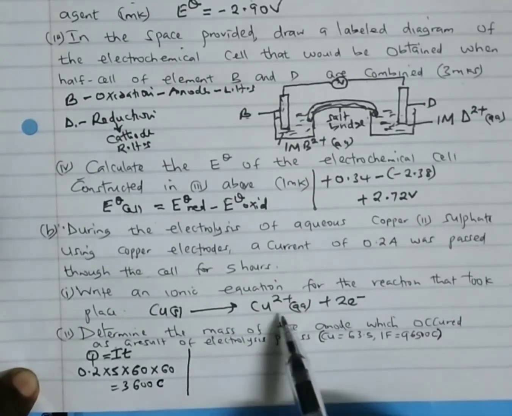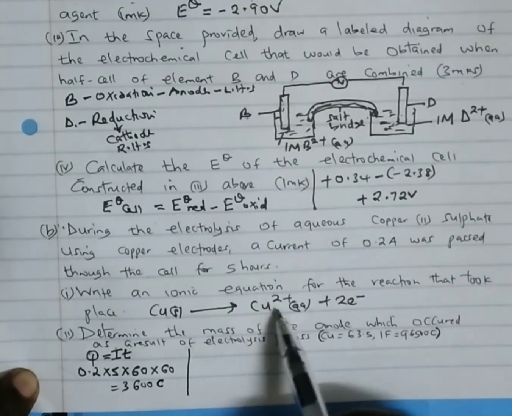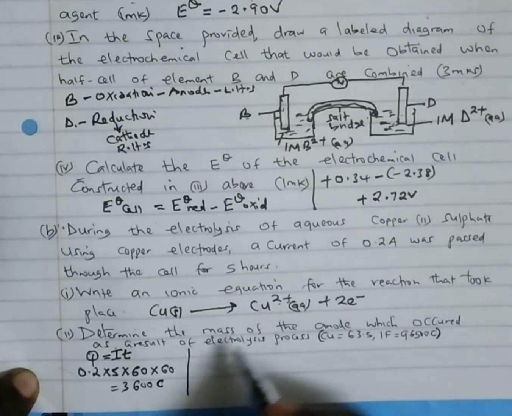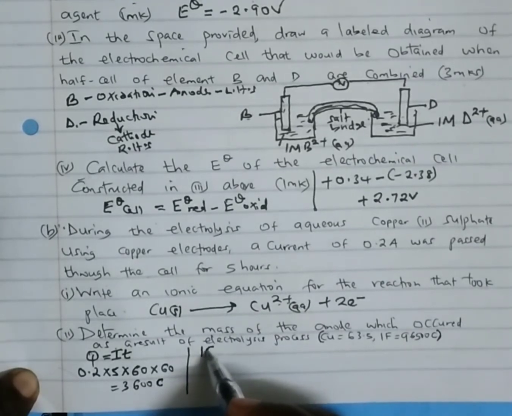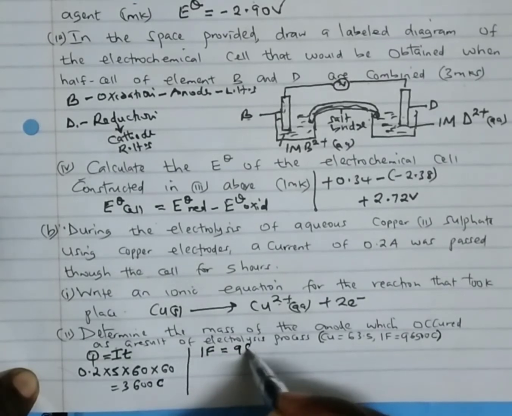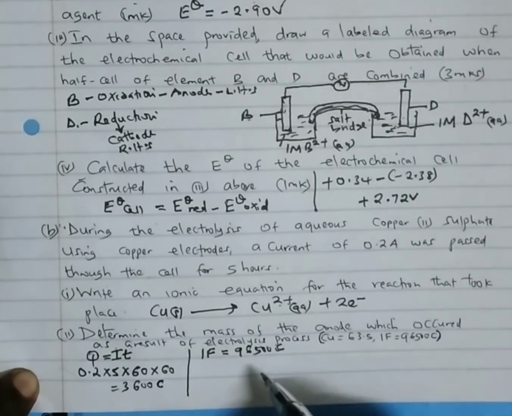This is the quantity of electricity that went through the solution. But we know that copper will lose 2 electrons in forming copper 2 ions, and we know 1 electron is the same as 1 Faraday, and 1 Faraday requires 96,500 coulombs of electricity.